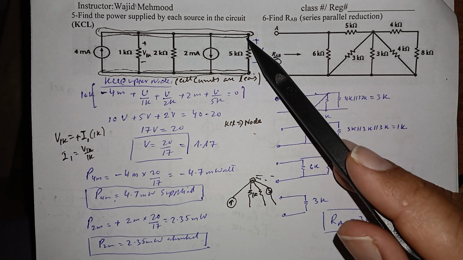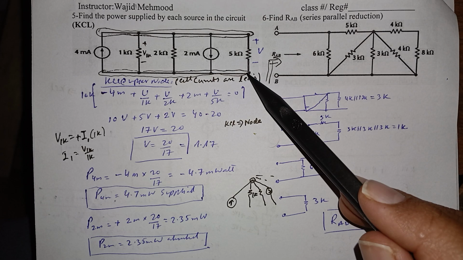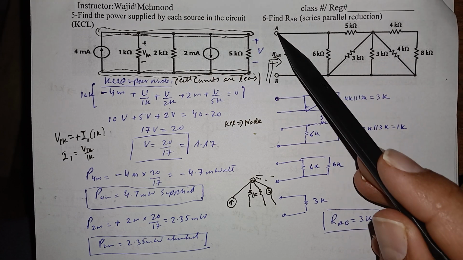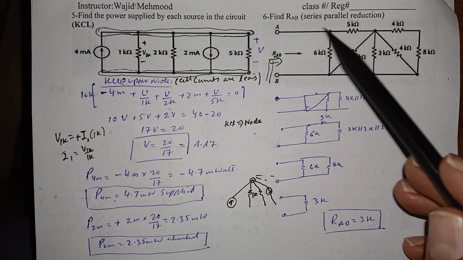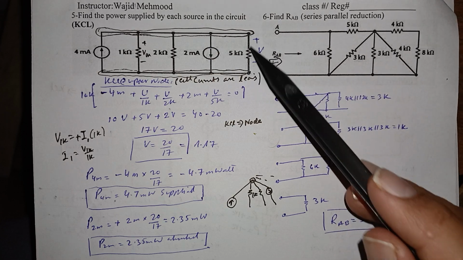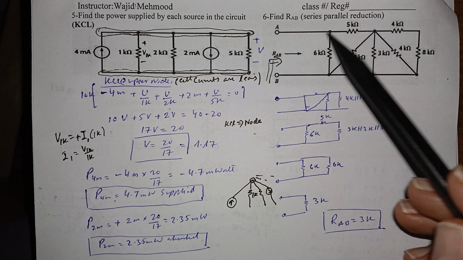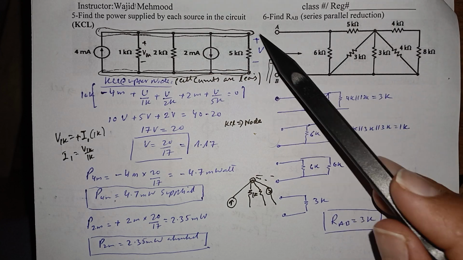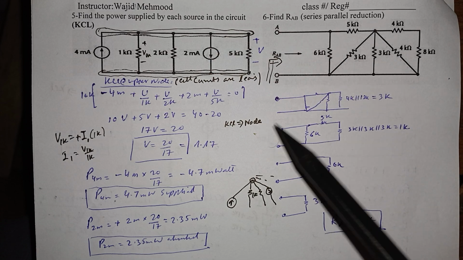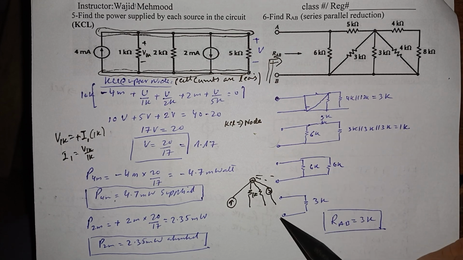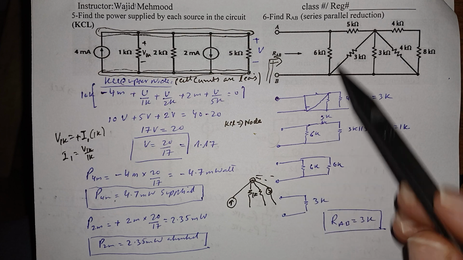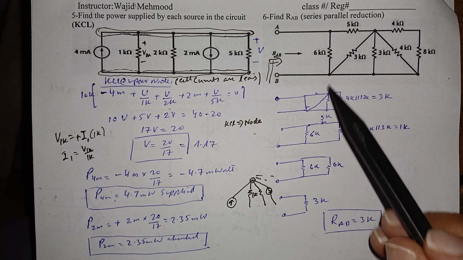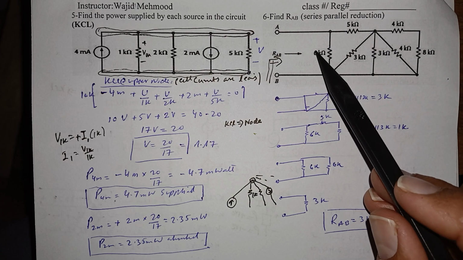But if it is some other node, for example, between A and B we have 5 volts, but this 5K is not between A and B. It is between some other nodes; there's a third node involved there. So you cannot reduce that just by seeing that the current is being divided. That is a typical mistake.